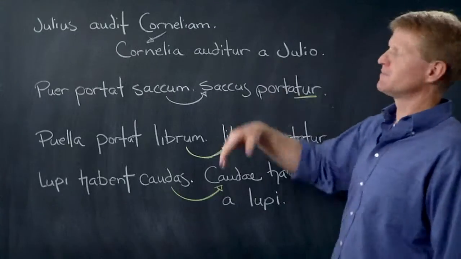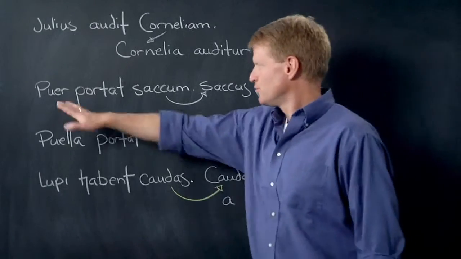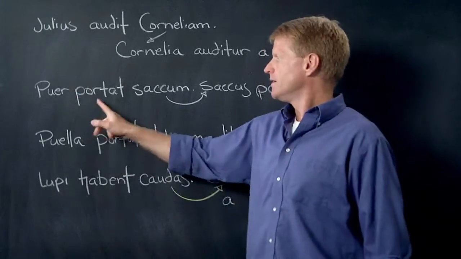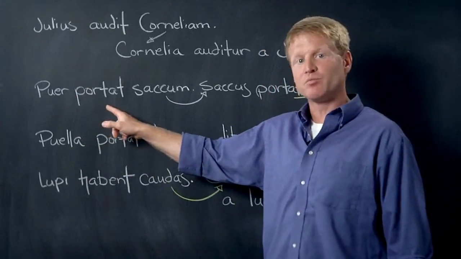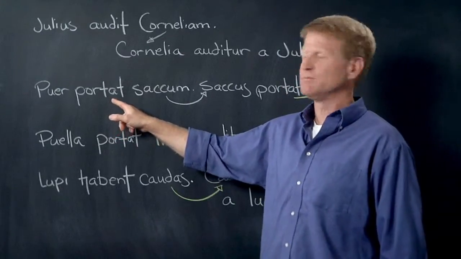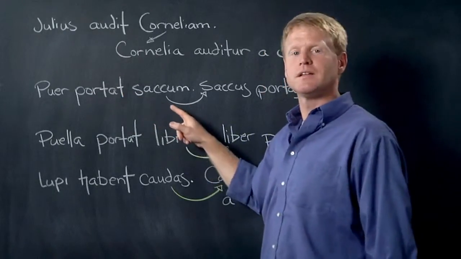All right, let's get Cornelia out of the sentences for a little while. I really was teasing. Puer portat sacum. The boy carries, portat, that's where we get portable, important, and porta potty. Anyway, puer portat sacum. The boy carries the sack.